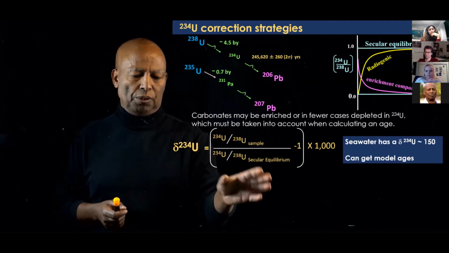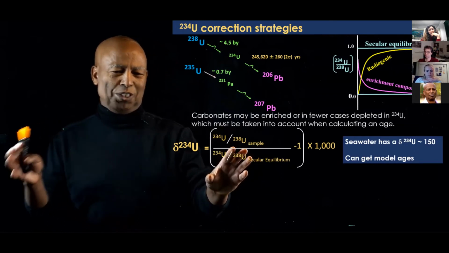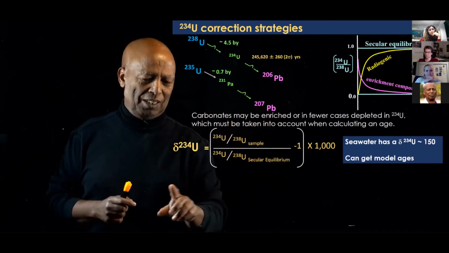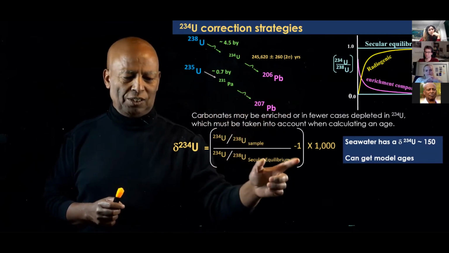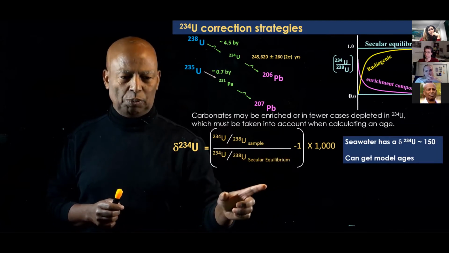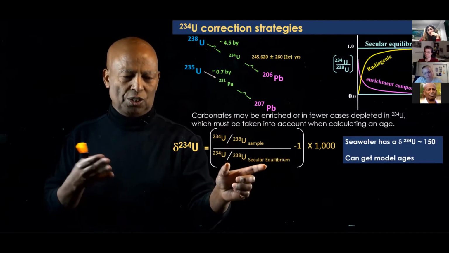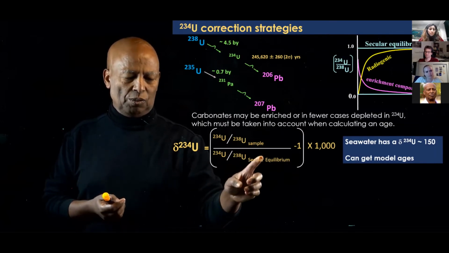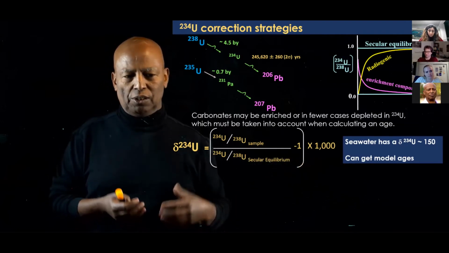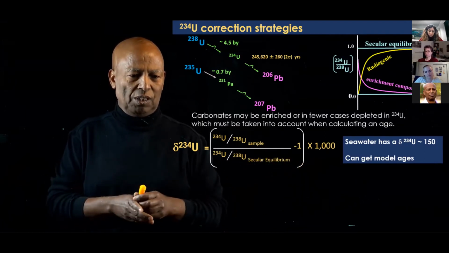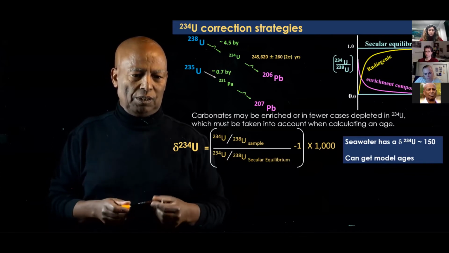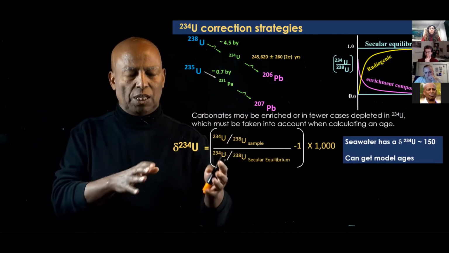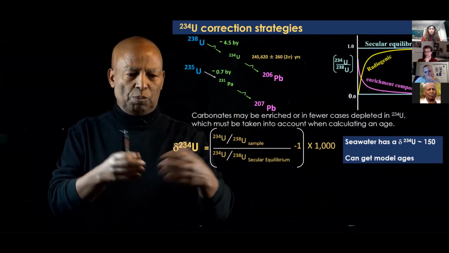I'm sorry that I have to cover some of what your series already covered, but just to cover my bases: the enrichment is measured as a delta number relative to the secular equilibrium value. That's always known. It's simply the ratio of the half-lives of 234 to 238. Seawater, for example, has a delta enrichment of about plus 150. Many of our samples can have enrichments in the range of 3,000. Or in some cases, when you are in a tropical region where there has been a lot of leaching, you can also have a negative delta 234.